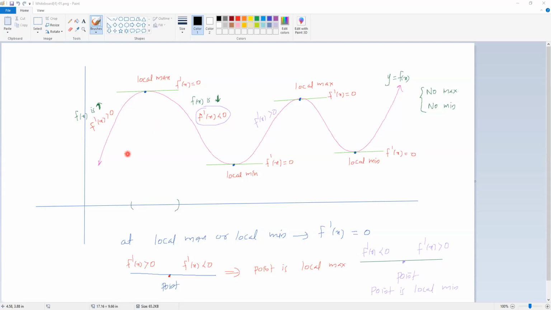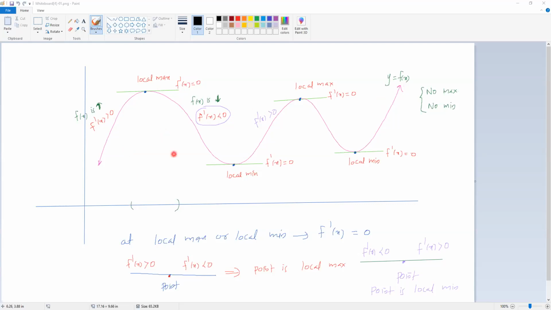We have seen different examples: sometimes the function may have both minimum and maximum value, sometimes neither, sometimes a maximum but no minimum, sometimes a minimum but no maximum. Look at this pink graph of a polynomial function, a smooth and continuous curve.